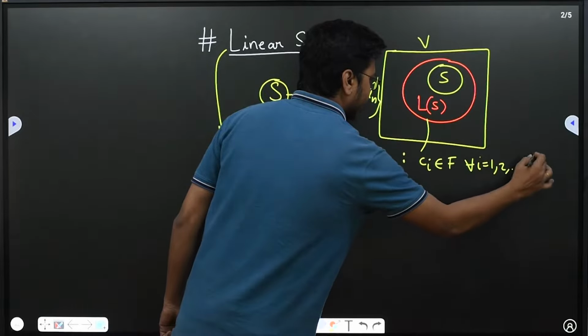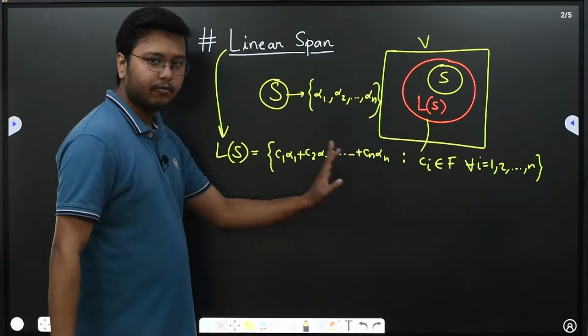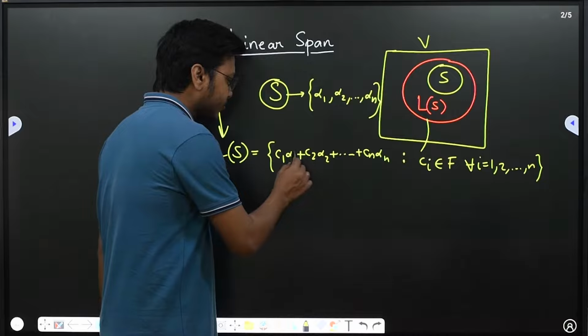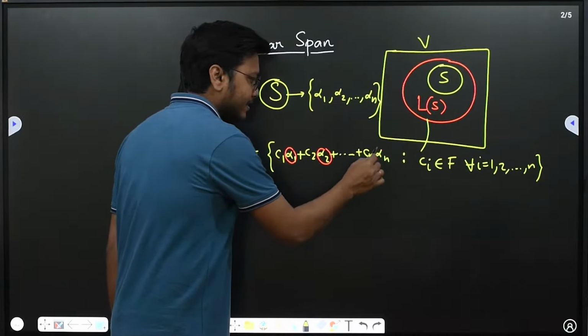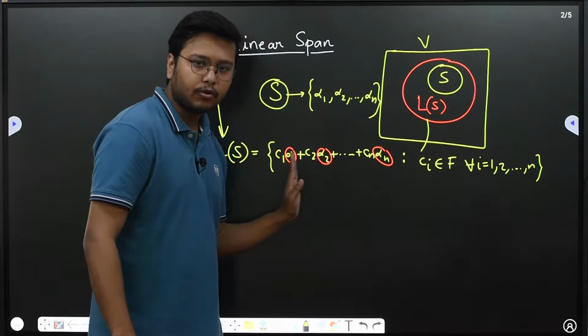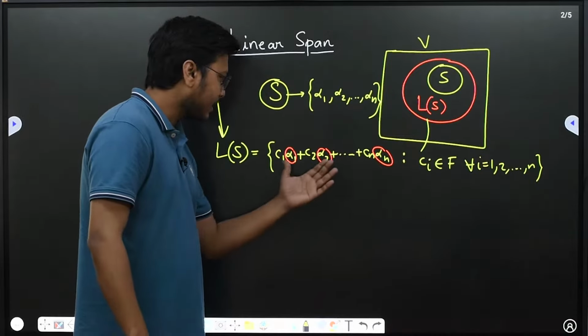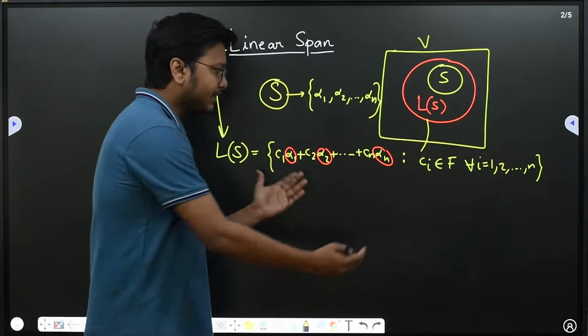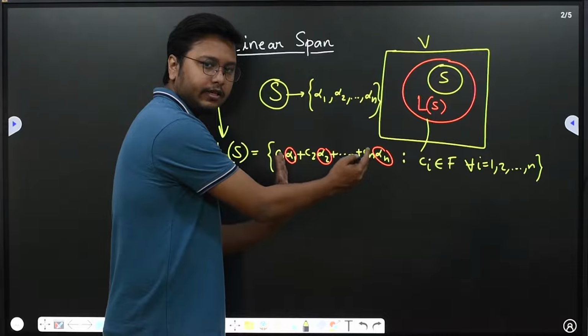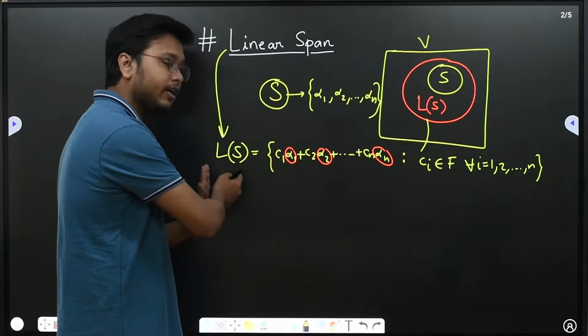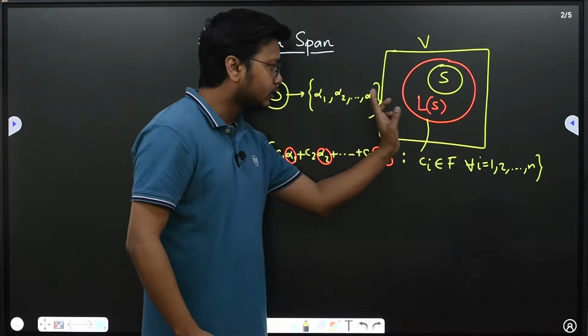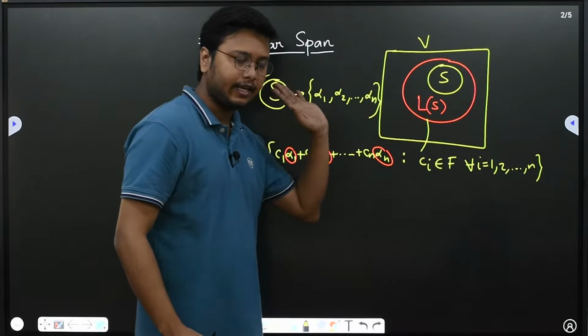So basically it's nothing but linear combinations of the elements of the set S. I have taken all possible linear combinations of the set S and formed a set with all those linear combinations, and that is called L of S, the smallest subspace containing S.